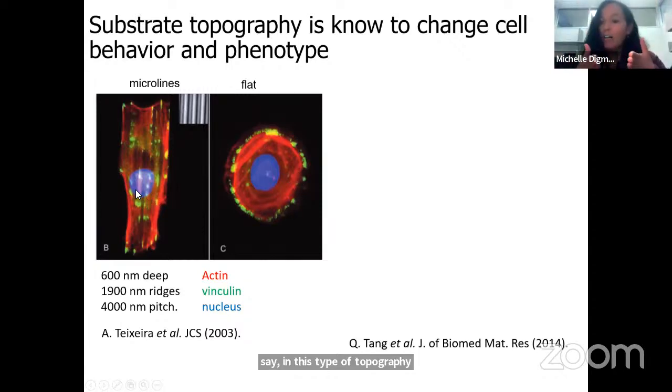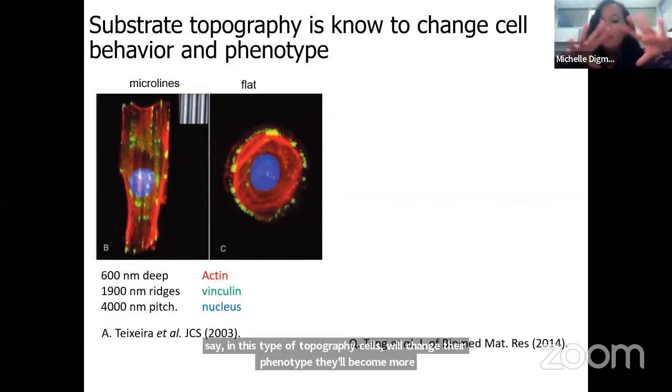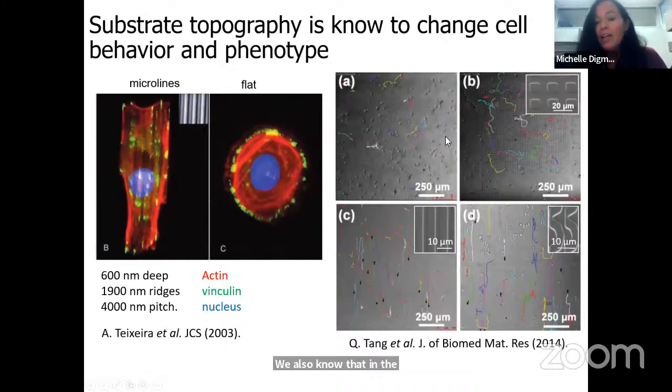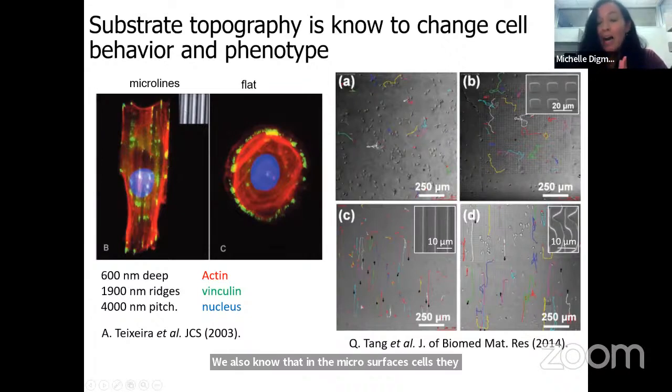They'll become more elongated along the lines, and without the lines, they will just spread out. We also know that in the microsurfaces, cells actually move along the lines. So we know that the pattern itself, the topography, can influence not just the phenotype, but their actual directionality and behavior in the way that they migrate.